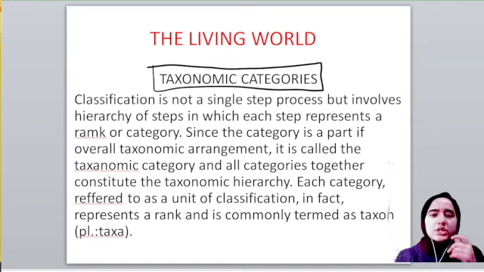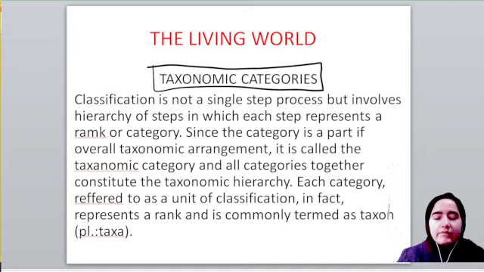So classification is not a single step process. I won't classify any organism on the basis of a few features. I have to include the maximum possible features, and only then can I classify the organisms, okay?